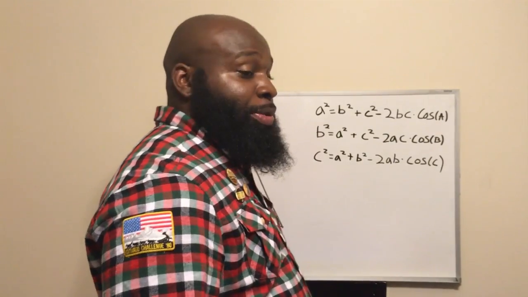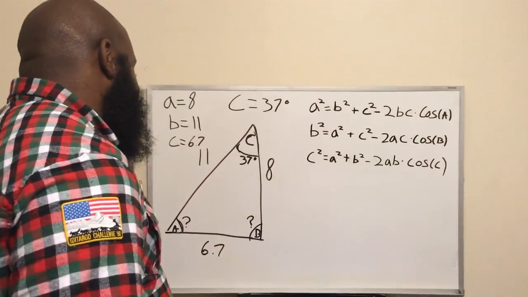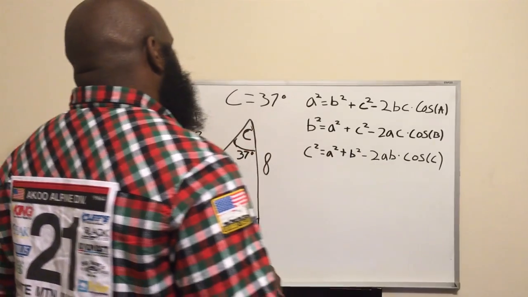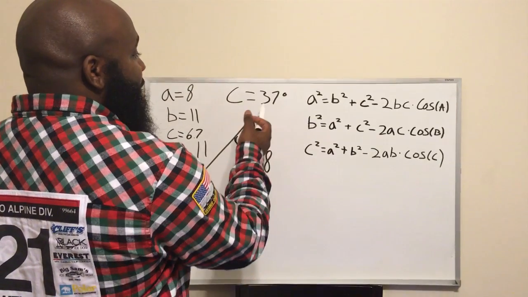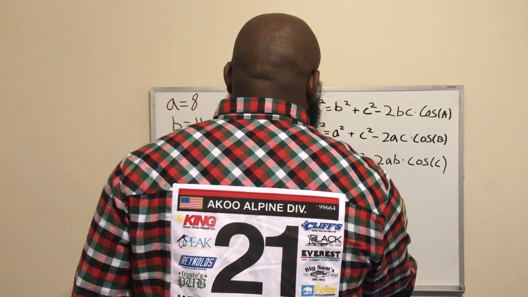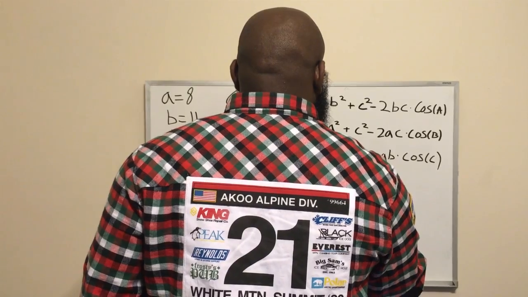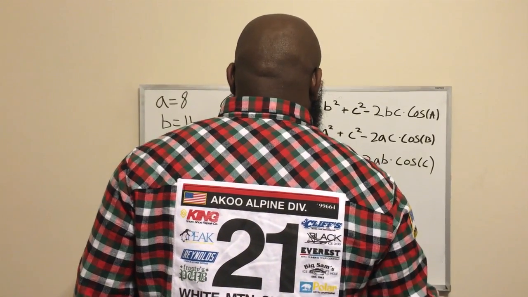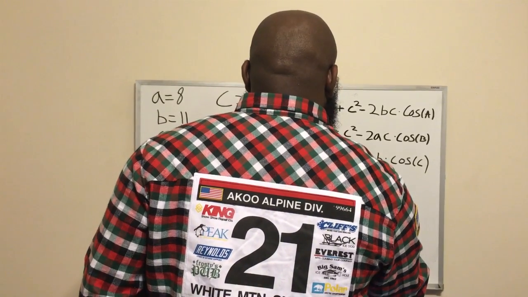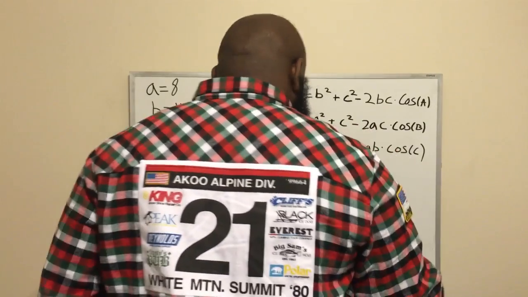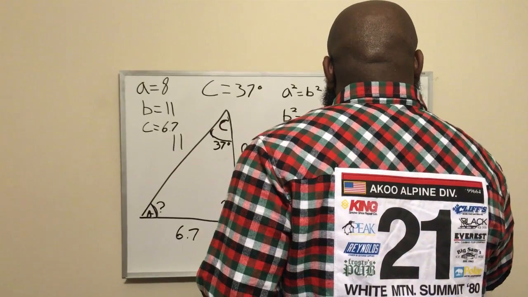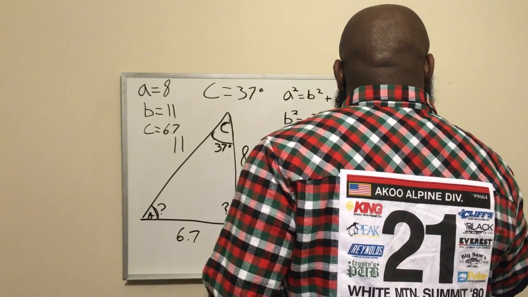We want to find the angles A and B. We're going to start by finding angle B. Looking up here, we have all of the sides and angle C, so we'll use this to identify angle B. The information that we have says 11 squared is equal to 8 squared plus 6.7 squared minus 2 times 8 times 6.7 times cosine B.